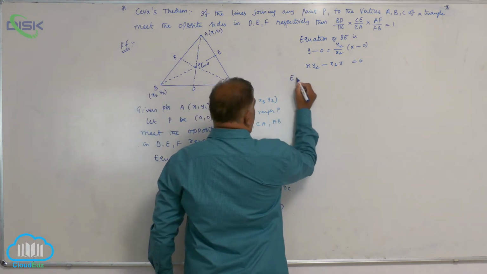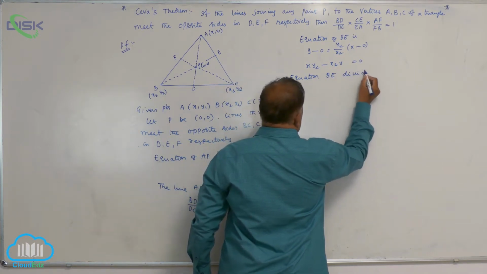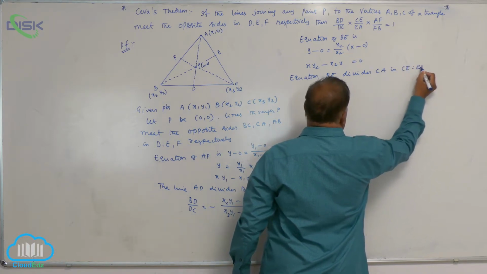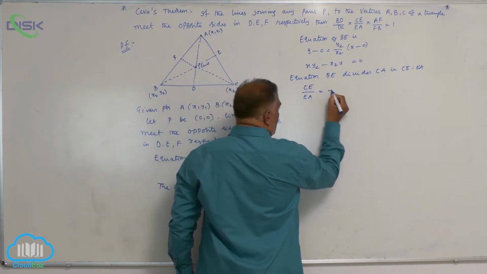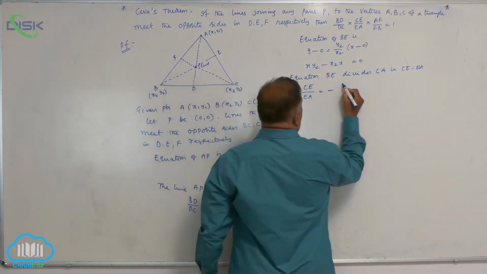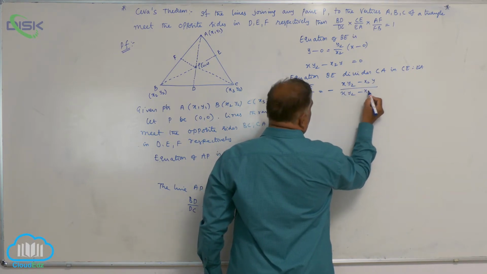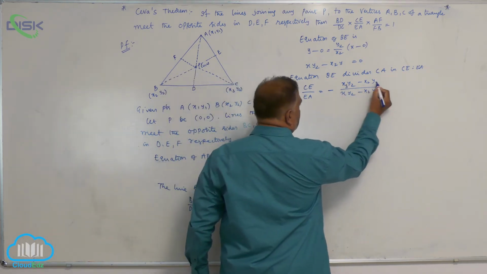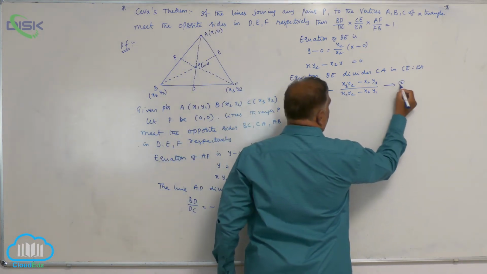So CE by EA is equal to minus L11 by L22, which is x y2 minus x2 y divided by x y2 minus x2 y. Now substitute (x3, y3) in the numerator and (x1, y1) in the denominator. Let us call this equation number 2.